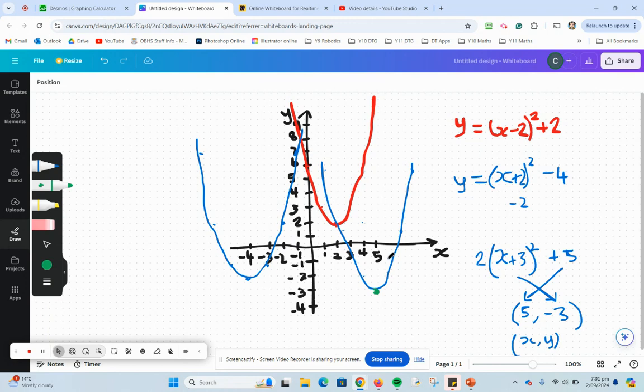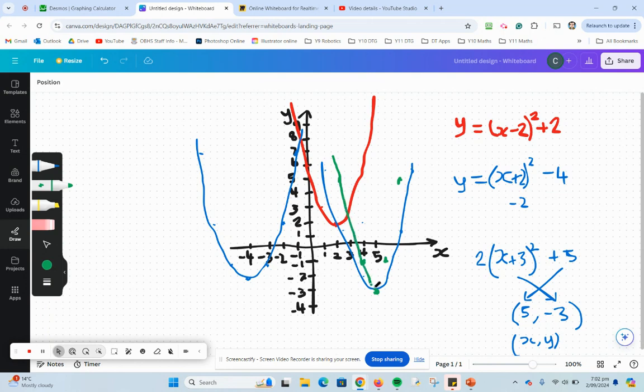So there's my second point, because it's twice as big. Instead of across 2 and up 4, it's going to be up 8. And instead of across 3 and up 9, it's going to be twice that, 18, which is off the scale, so I can't do it.